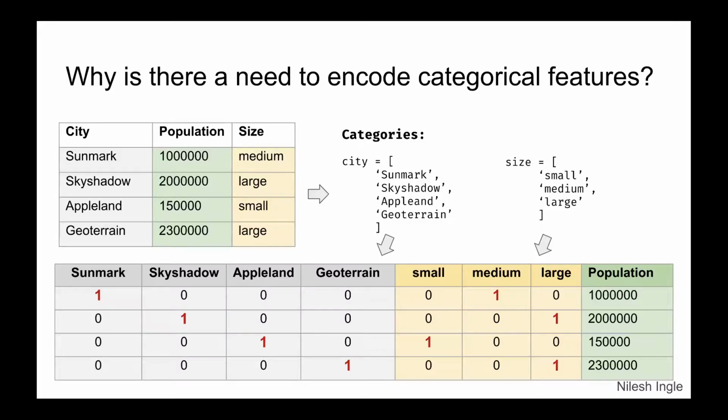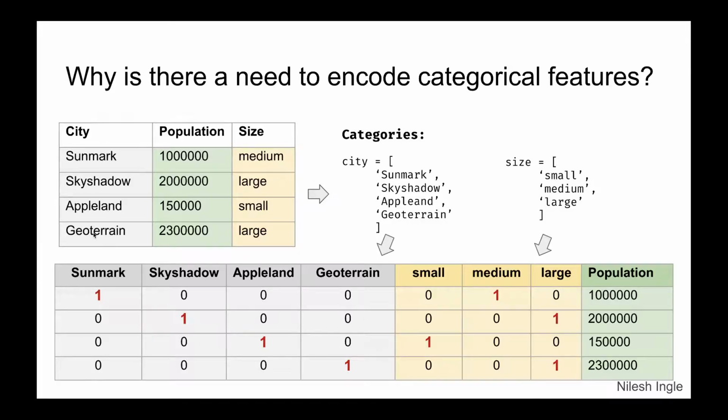For example, here we have all 4 names of cities, and of these 4 names in the first row, we just have the sun mark present. All others are absent. So therefore, we put zeros in case of all other columns. Similarly, the size is medium, so we put 1 for medium and then zeros for small and large. And the numeric column stays as is.